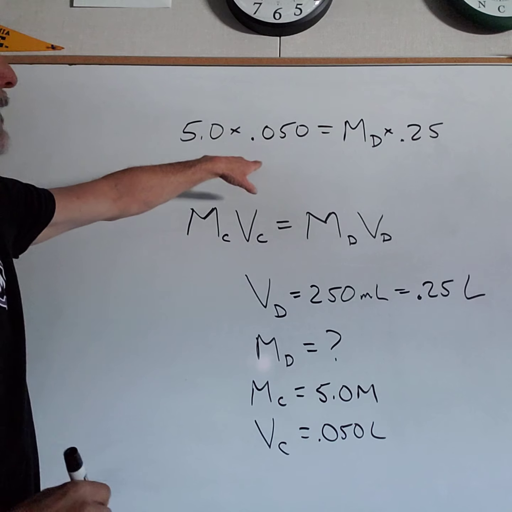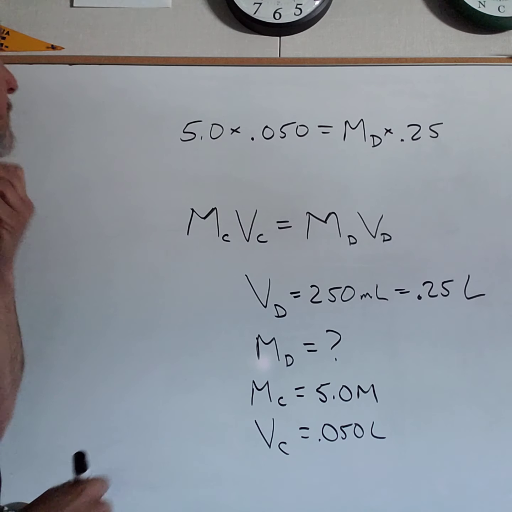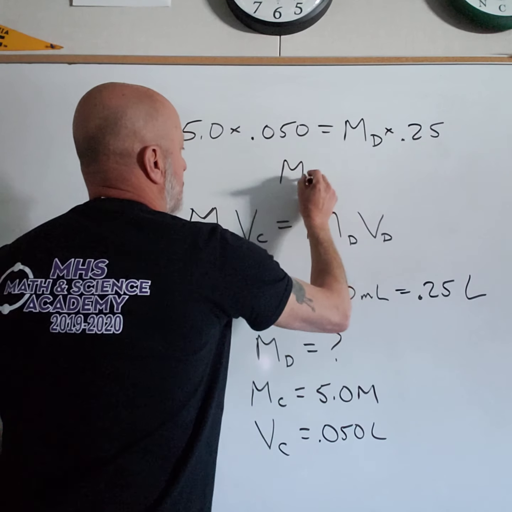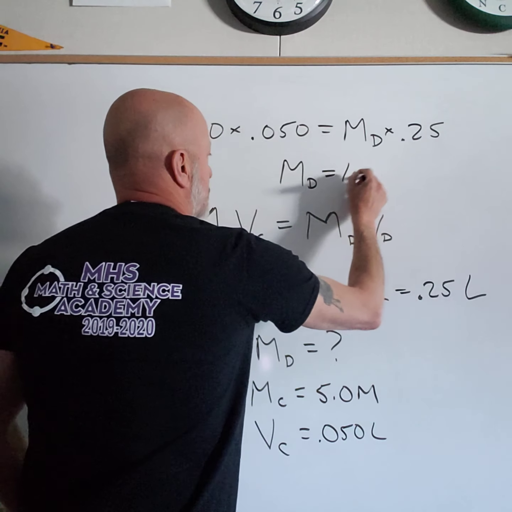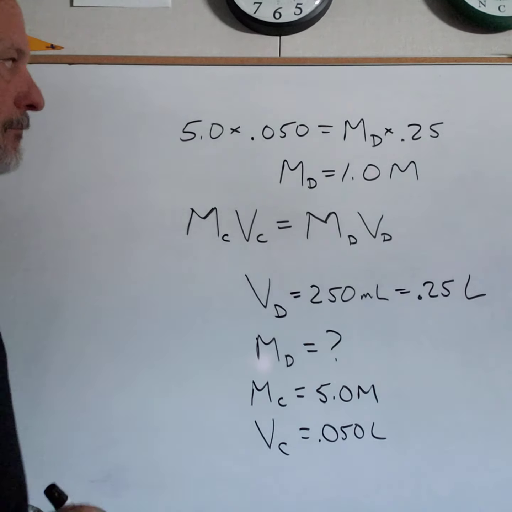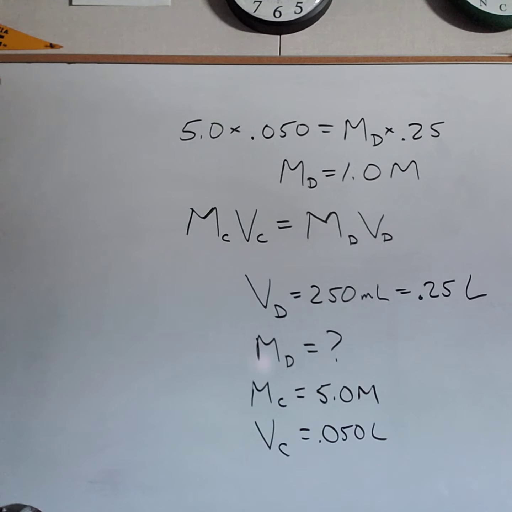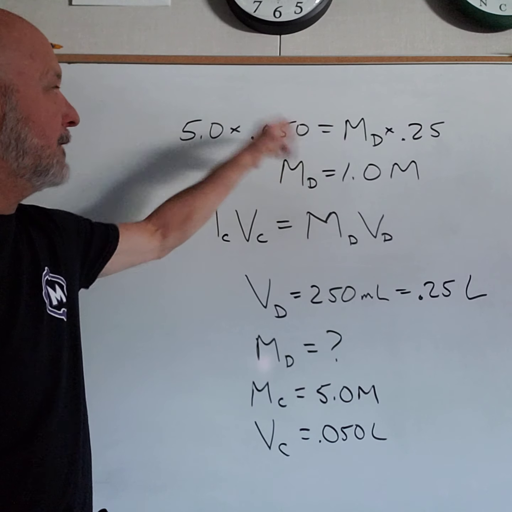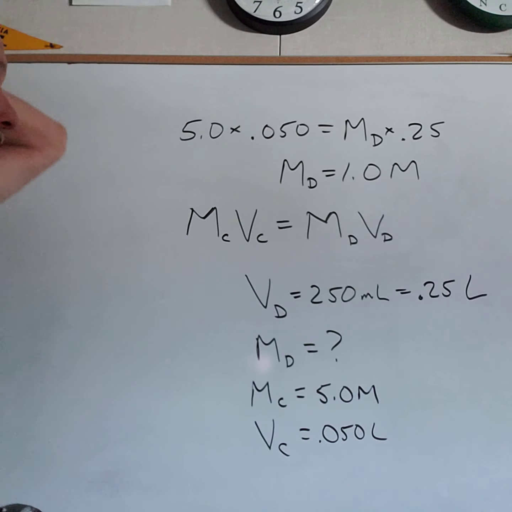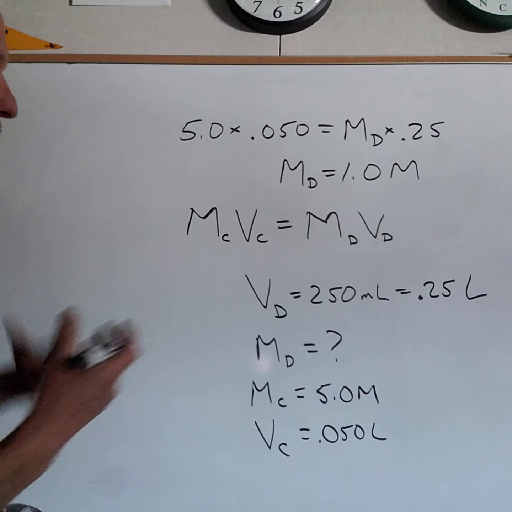So we'll divide that. The volume went up 5 times. I just did the math in my head, hopefully I did that right. If you multiply that all out, I'm pretty sure you'll get 1.0 molar. And so that's some of that.